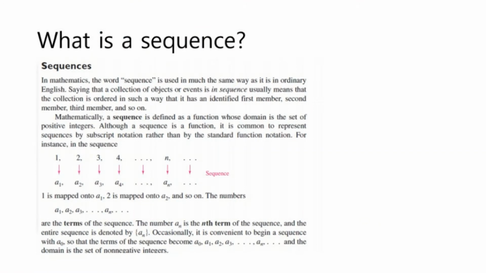Let's get started with chapter 9.1, sequences. So what is a sequence? Let me underline the sentences here. It says a sequence is defined as a function whose domain is the set of positive integers.